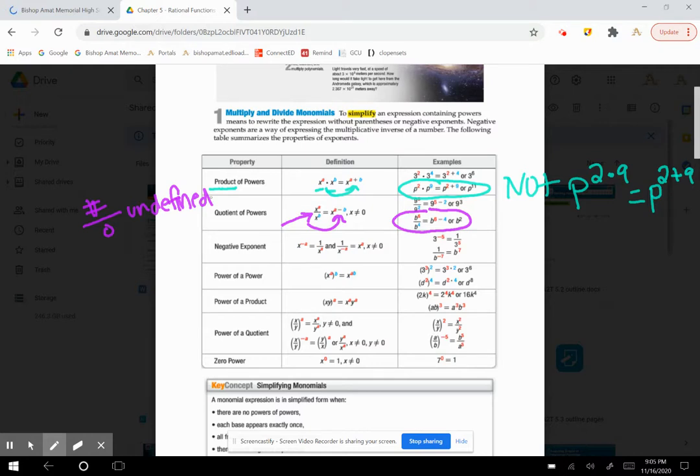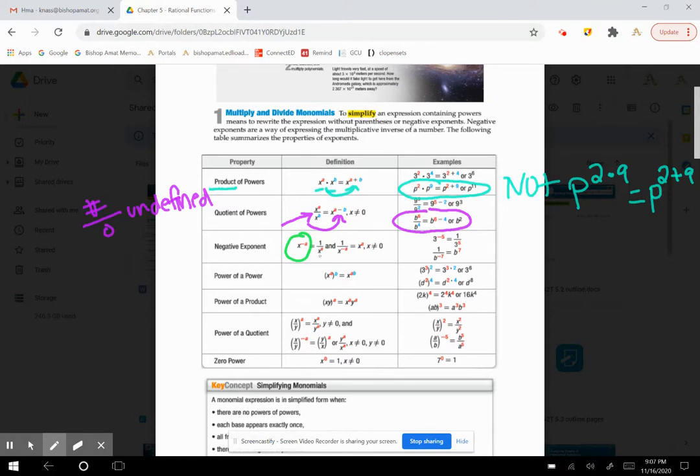Next we talk about the negative exponent. Whenever you have x to a negative power, you have to make it positive. The way you make it positive is by putting it on the bottom of the fraction, so it's 1 over x to the a power.